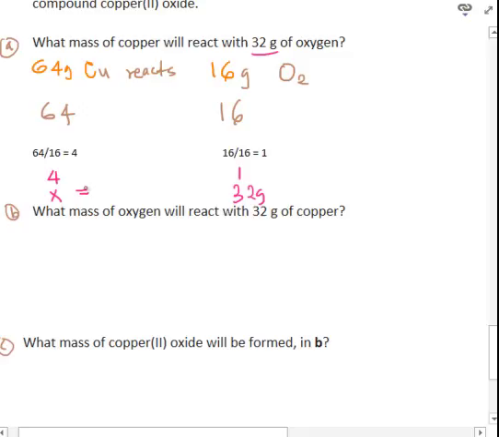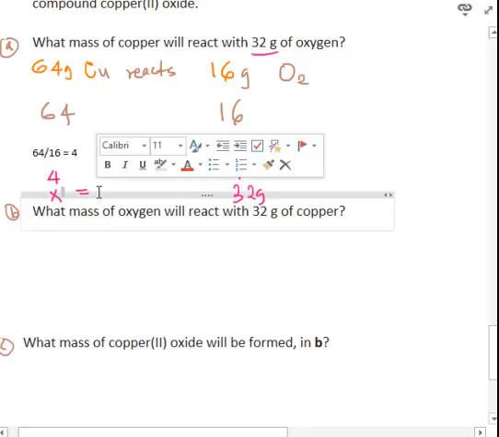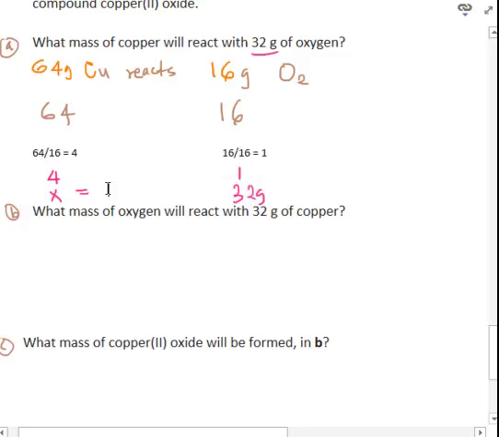Just cross multiply. It's going to be 4 times 32, which equals 128.